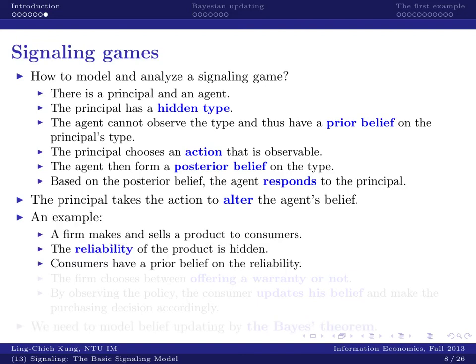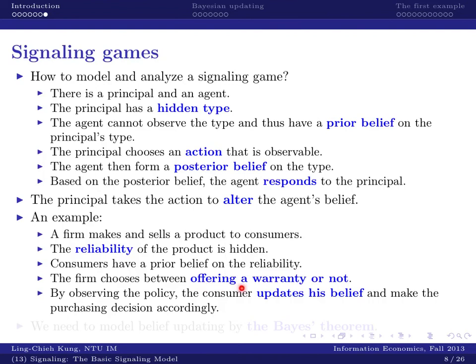So, as I mentioned, reliability is hidden. Consumers have some prior, and then I need to choose to offer a warranty or not. By doing so, I can help consumers update their belief, or I am directly updating their beliefs.